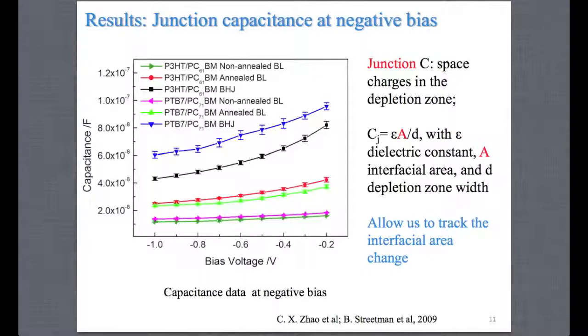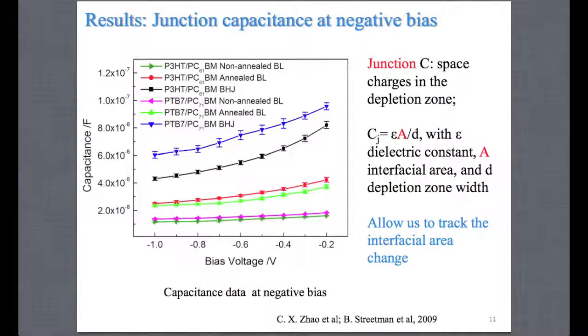Capacitance data under different structures with different materials were plotted at negative bias voltage. From the curve, we know that the PTB7 PCBM bulk heterojunction has the highest capacitance, followed by the P3HT PCBM bulk heterojunction, then the two annealed bilayers, followed by the non-annealed bilayer devices of the two different material systems.